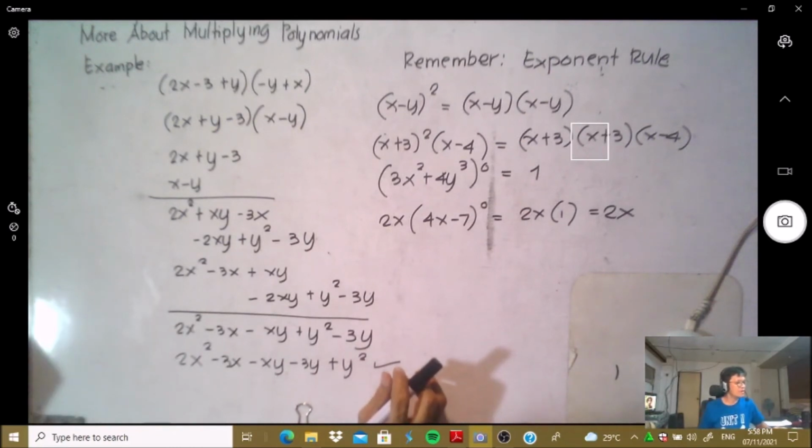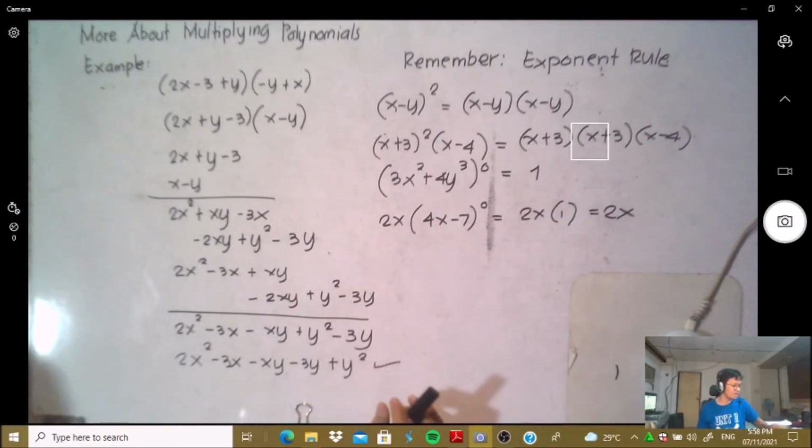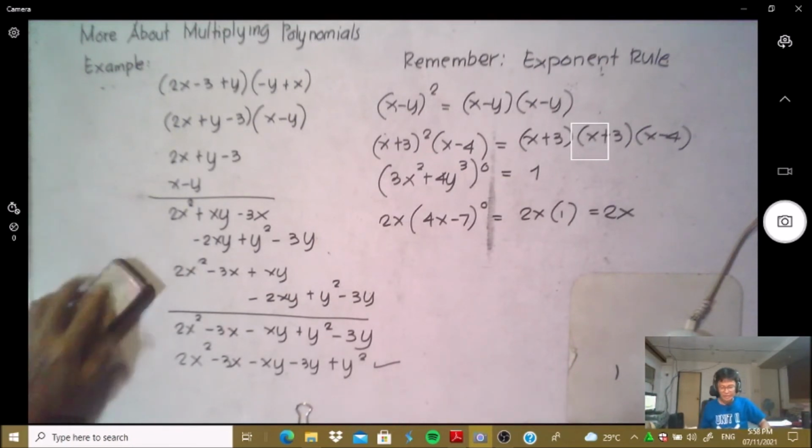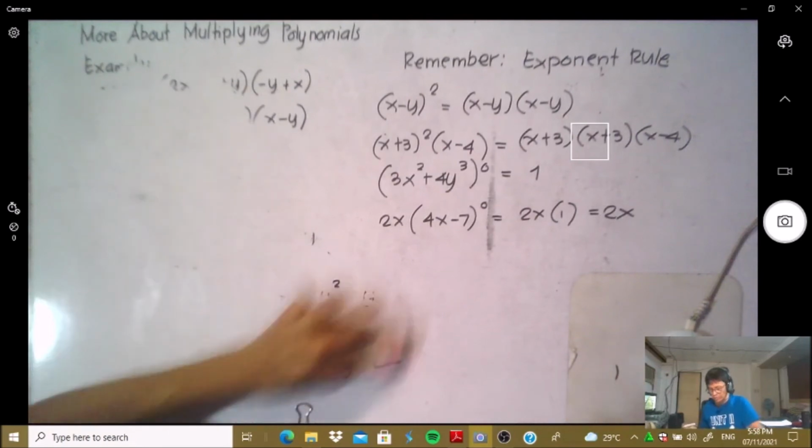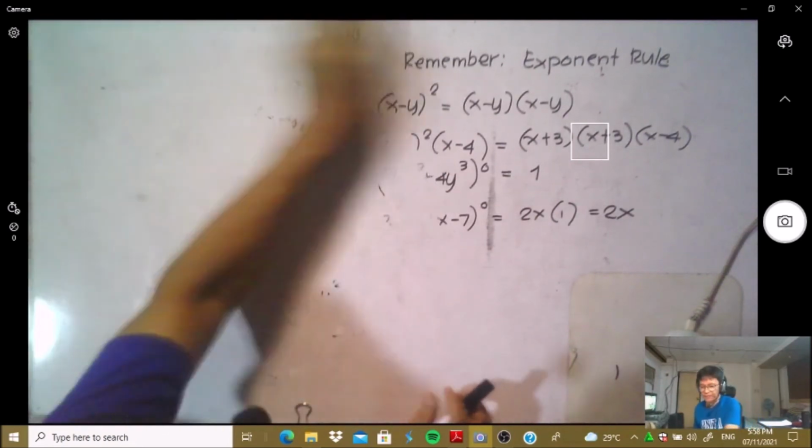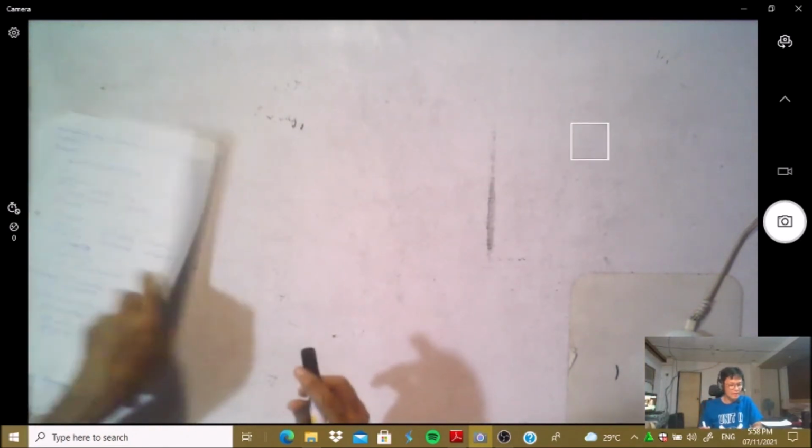Multiplying 3 binomials is 2 multiplication problems, meaning that we have to multiply it twice. Okay, let us see how it goes. So we have an example.